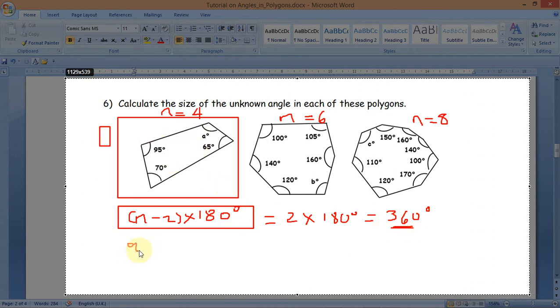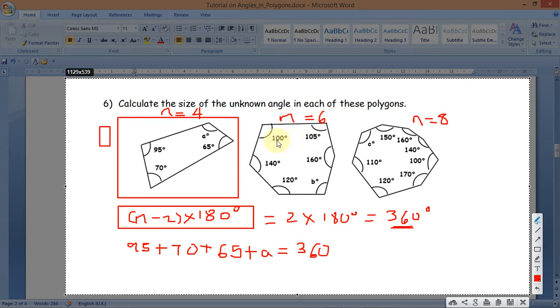So I now have 95 plus 70 plus 65. These angles are in degrees. Then plus the unknown angle, that is A, equals 360. If you want to work with the other one, just work 105 plus 100 plus 140 plus 160 plus 120 plus B, something like that.